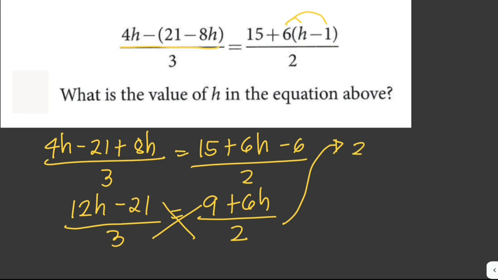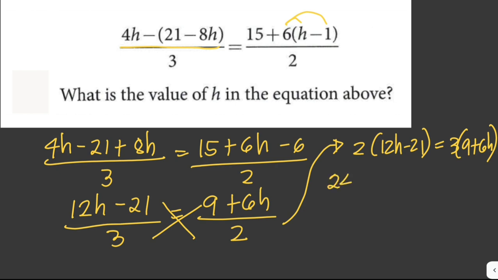So we have 2 times (12h - 21) equals 3 times (9 + 6h).